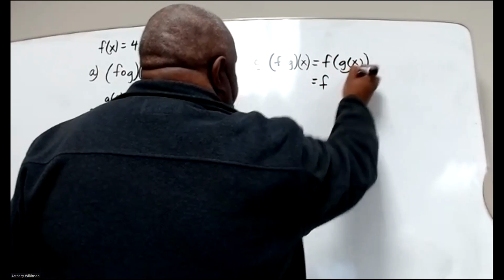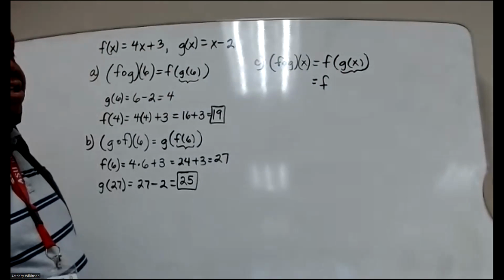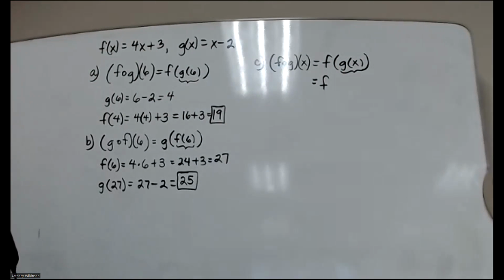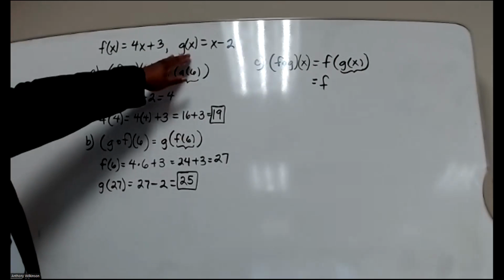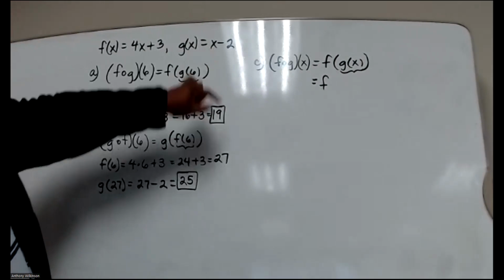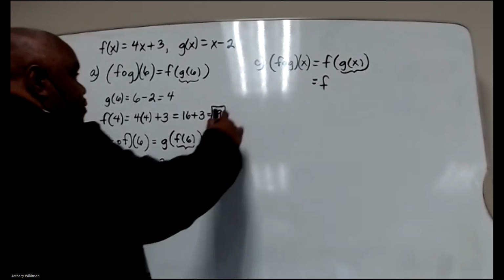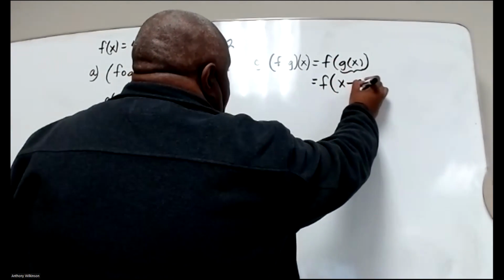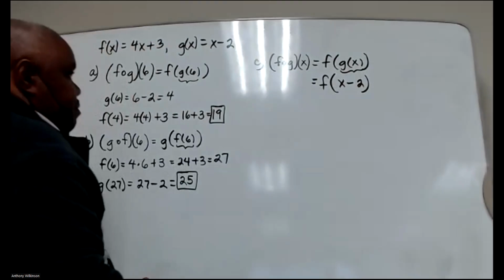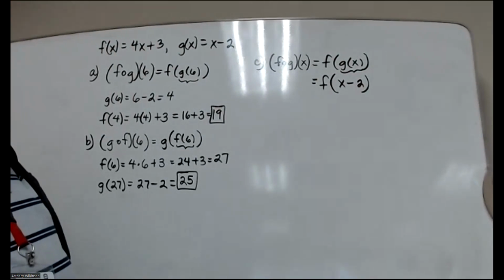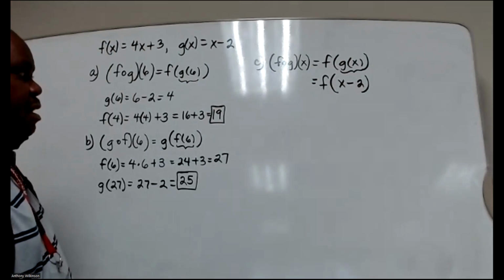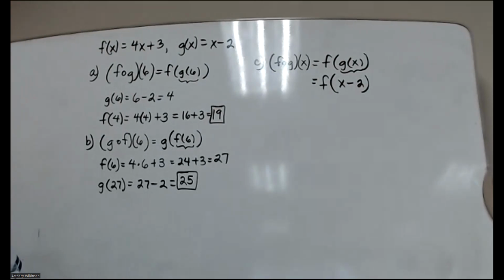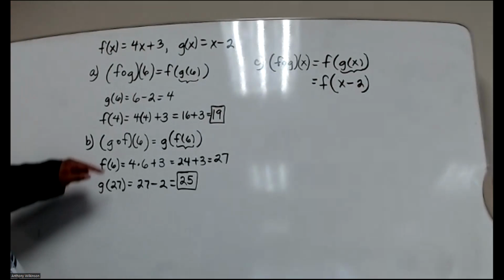Now notice that the inside function is g of x. Well, what's g(x) equal to? x - 2. So I'm going to replace the g(x) with what it's equal to, x - 2. So I'm going to be evaluating f of x - 2.